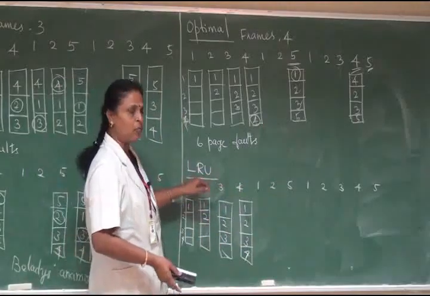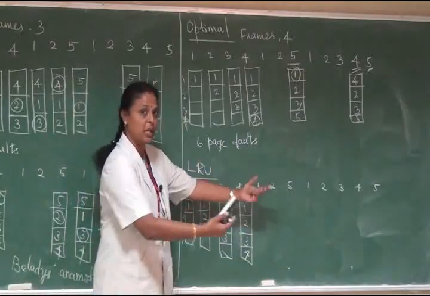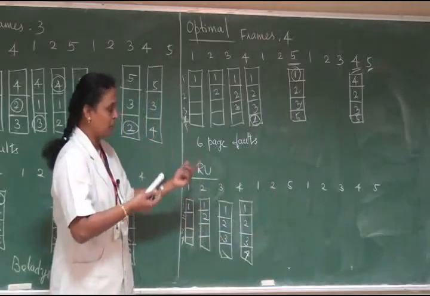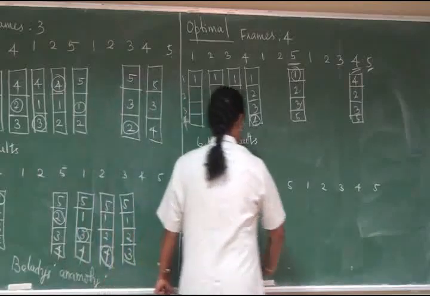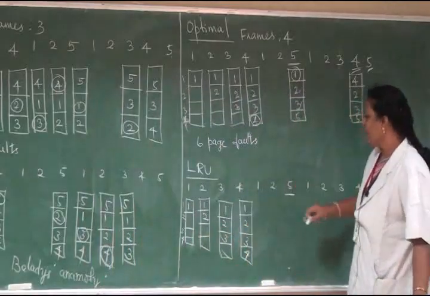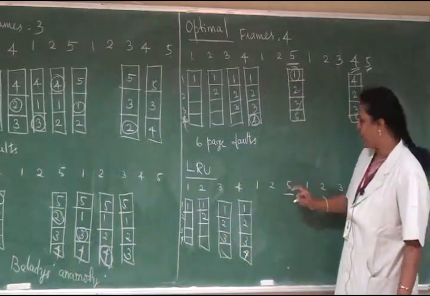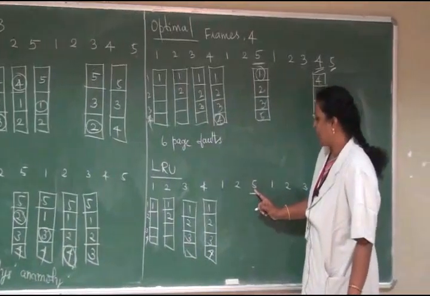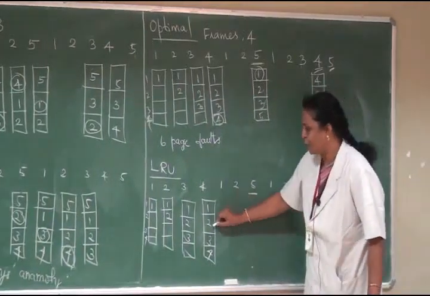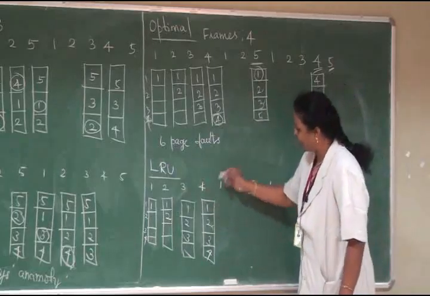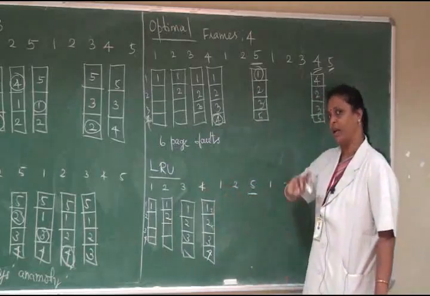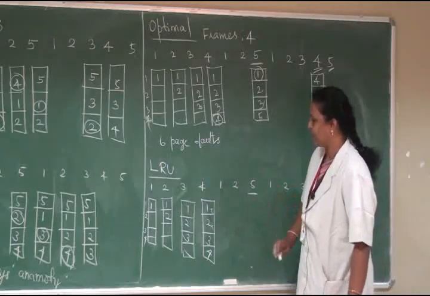So here in LRU, it has to select the victim page based on the previous information, a page which has not been used for longest period of time. So among these 4, we have to find the place for 5. Before accessing 5, it used 2, so 2 cannot be selected as a victim page. Before that it accessed 1, so 1 cannot be selected as a victim page.